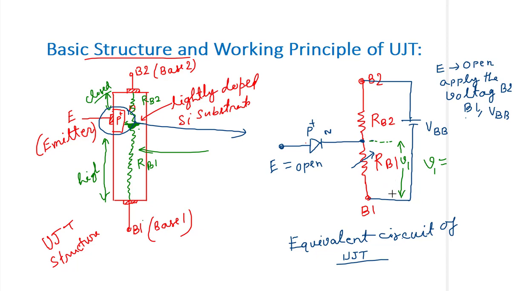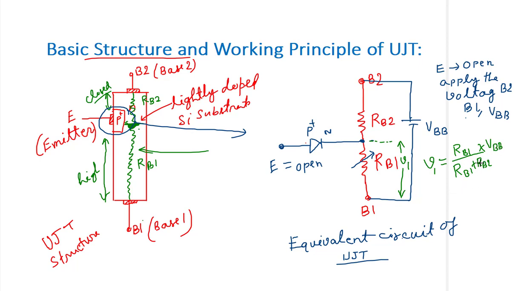What is the voltage across RB1? V1 equals RB1 divided by the total interbase resistance, RB1 plus RB2, times the input voltage VBB.